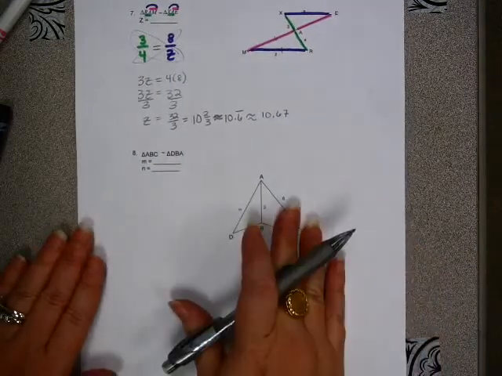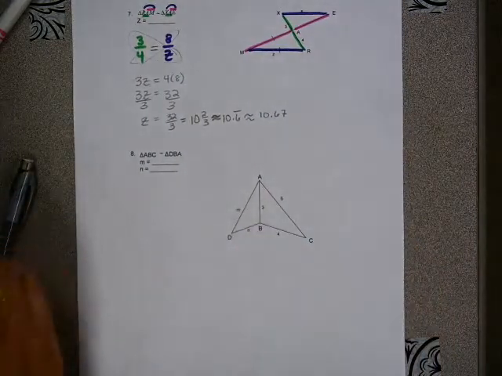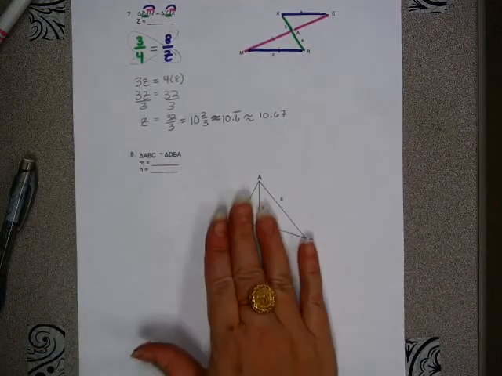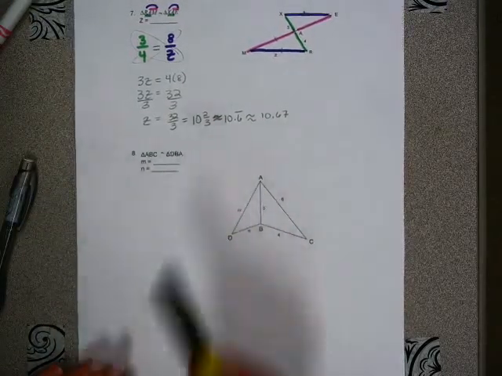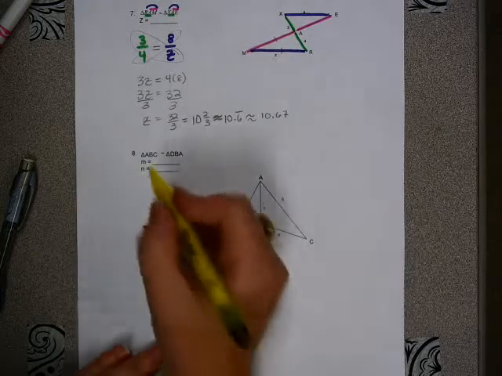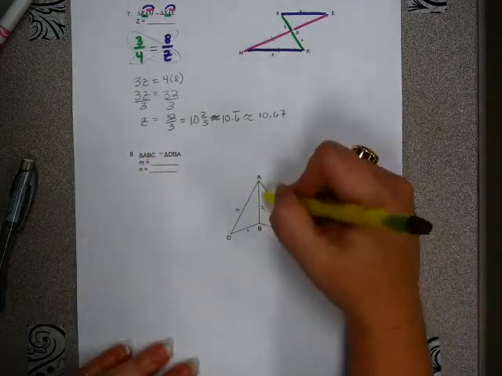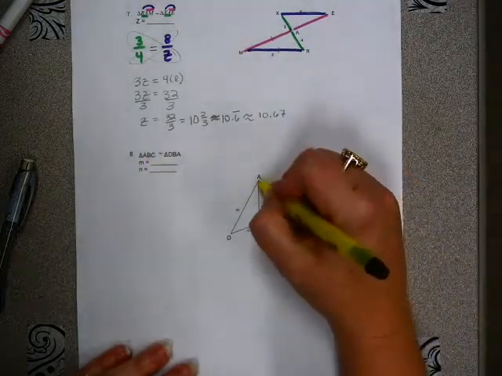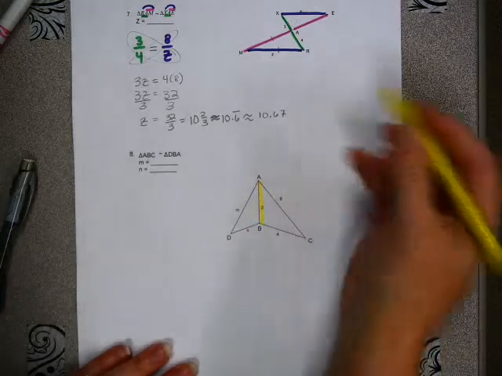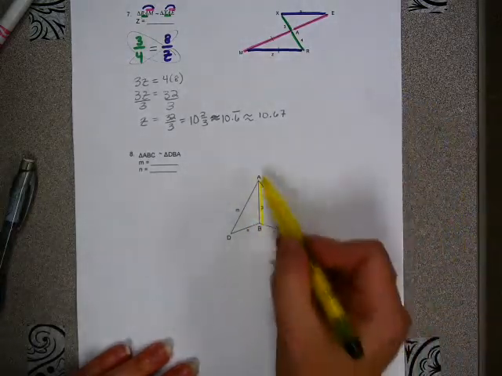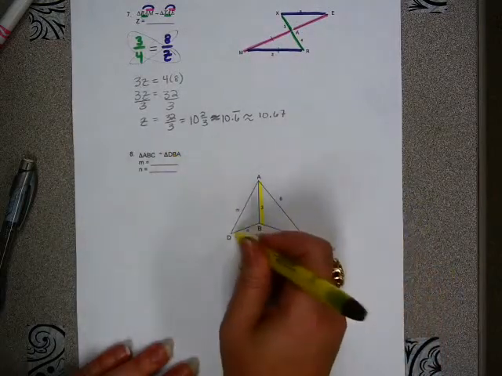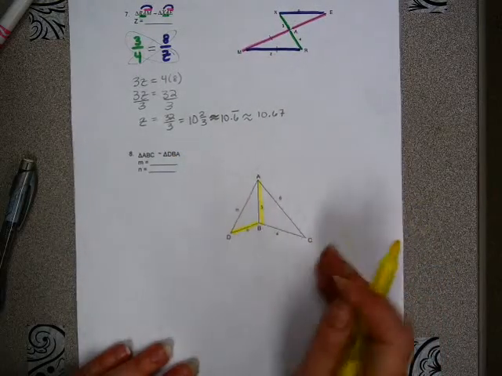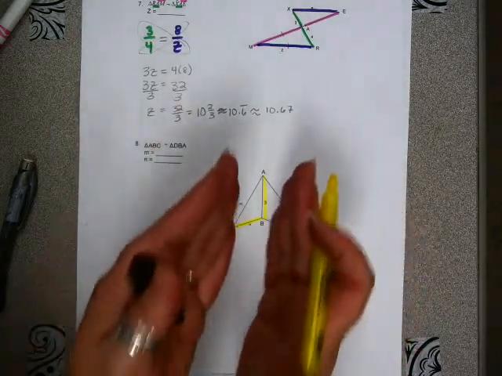Okay, next, the last one that we're going to do today is here, and we are going to use color to match up the letters. So A to B on this one here, AB. So ABC, so AB of this side is going to match DB of this side. So these are two triangles that are just standing up next to each other.